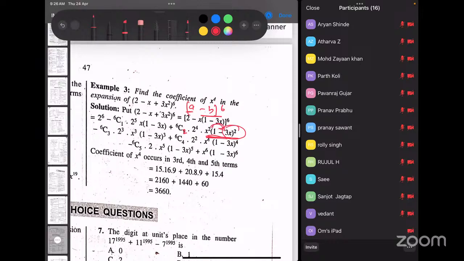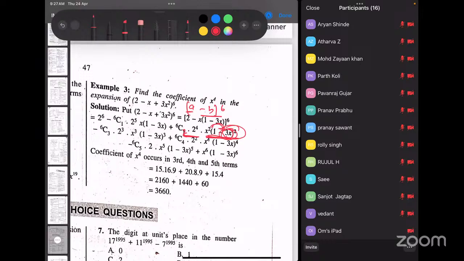So we will have 6C2 into 2 raised to power 4 into 9, when you square it to get power 4, this will be 9.